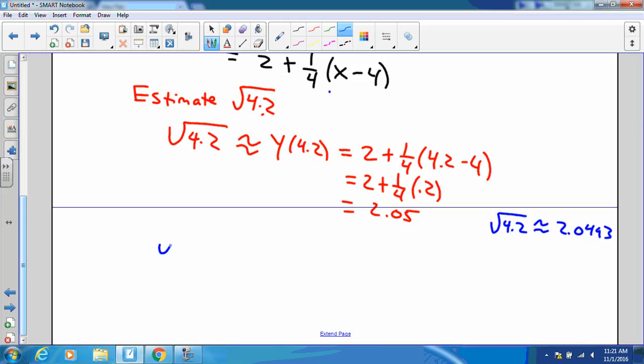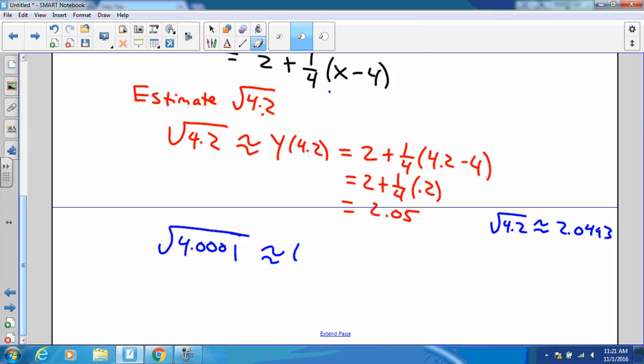Oh my, okay. Let's check out the square root of 4.0001. Let's say this is going to be approximately the same as the local linearization evaluated at 4.0001.